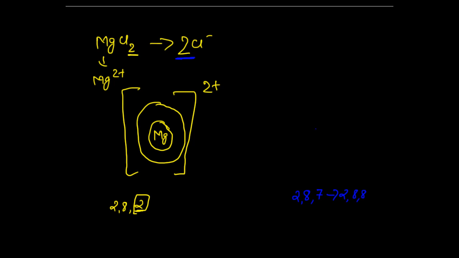So the dot and cross diagram of chlorine in this case is this: Cl and 7 of its original electrons. 1, 2, 3, 4, 5, 6, 7, and the final 8th electron from magnesium.